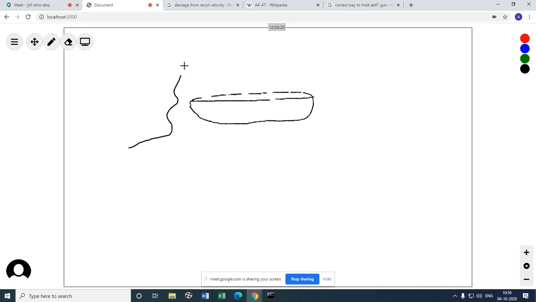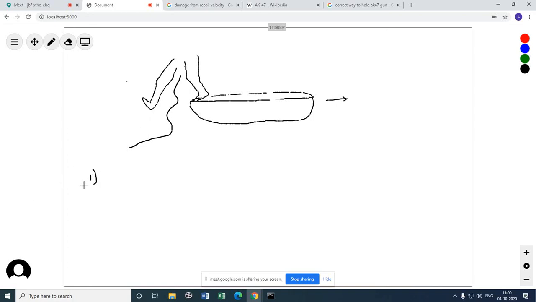Now if a person jumps from here to here, right, what will you see? As soon as the person jumps from here to there, what will you see? This one will go back, right? Slightly moves away.